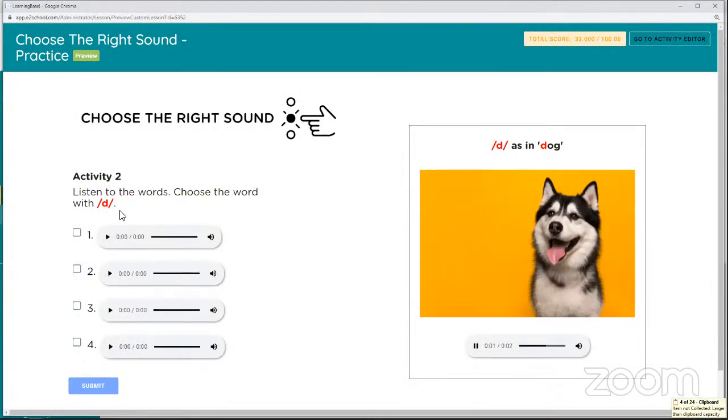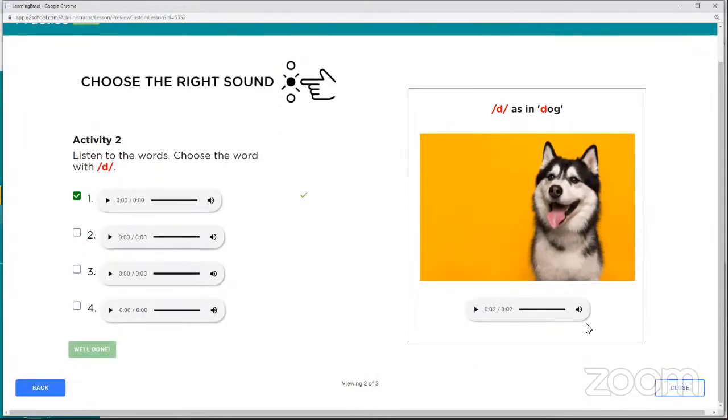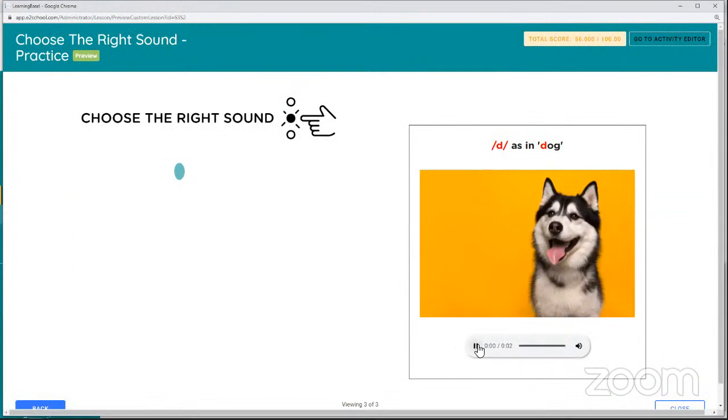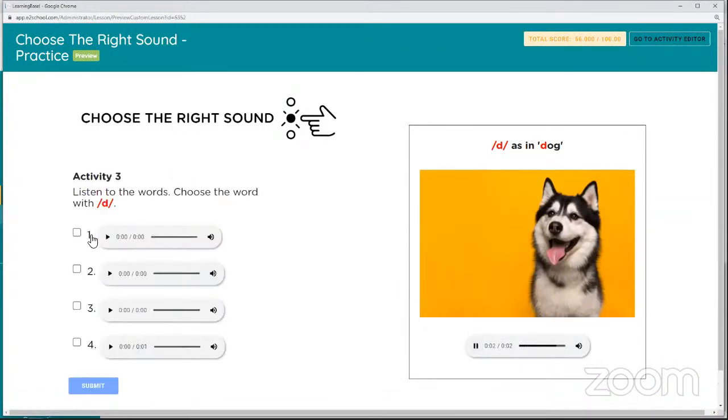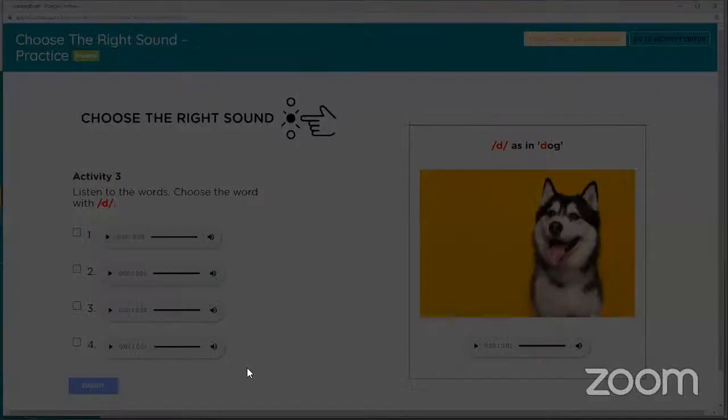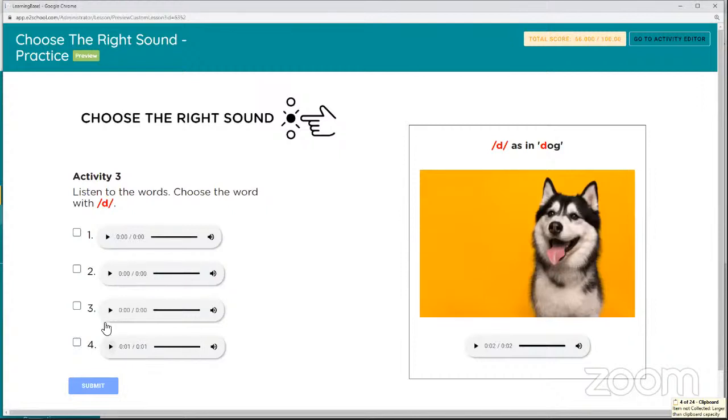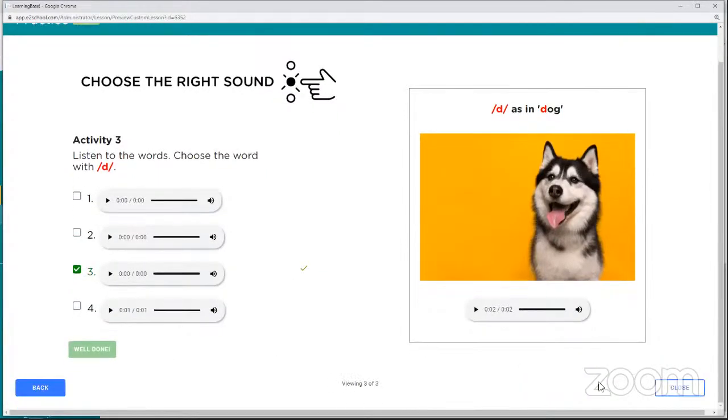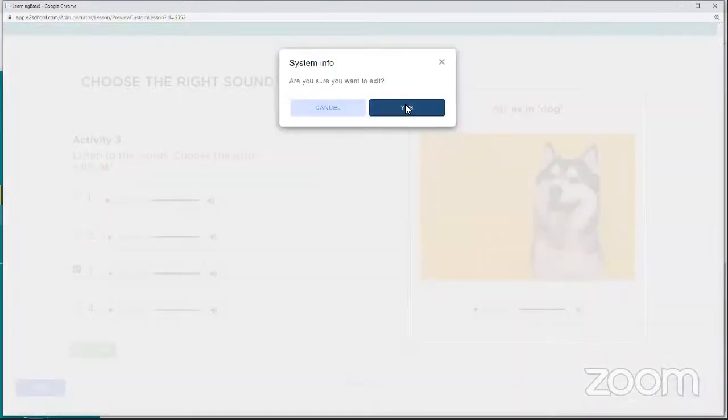D, d, d, do. Yeah, nice one. Okay, one more. D, d, d. Same, tame, dame, aim. Dame. Good work. That's our D sound.